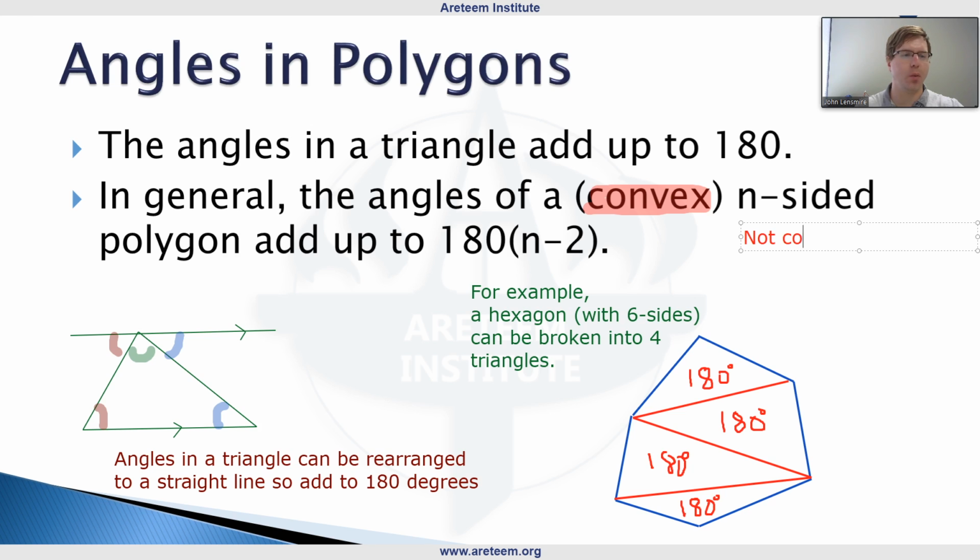Let me draw one here. If you draw a normal shape, you're not going to end up drawing something that's not convex. An example like this is a not convex shape. So this is what we have in terms of angles in polygons.